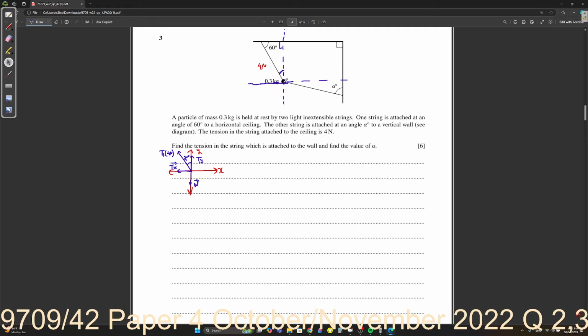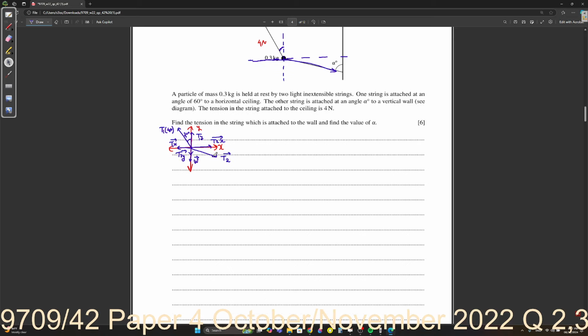Okay, we have our second tension, right? We're gonna call it T2. Okay, T2. T2 also has its x component, T2x, and its y component, T2y.